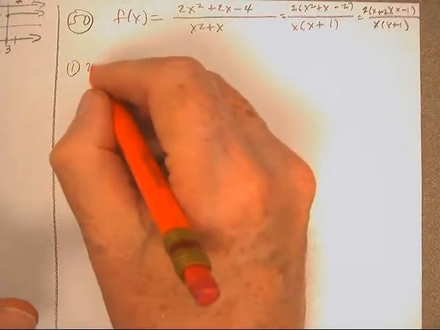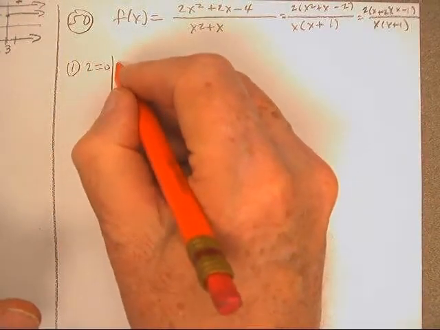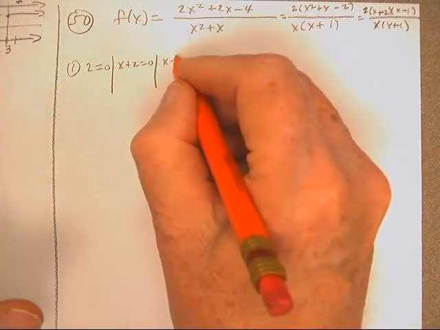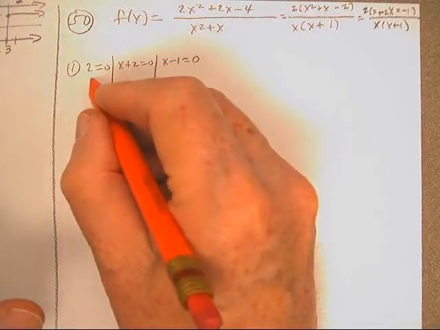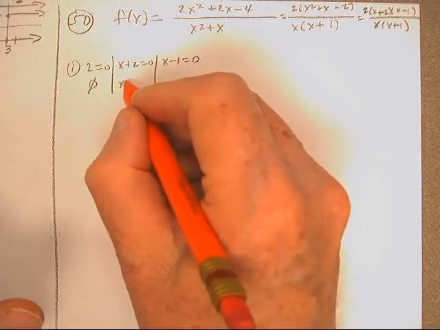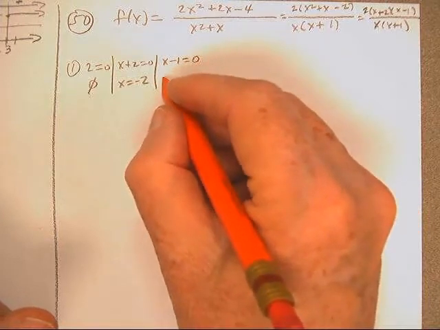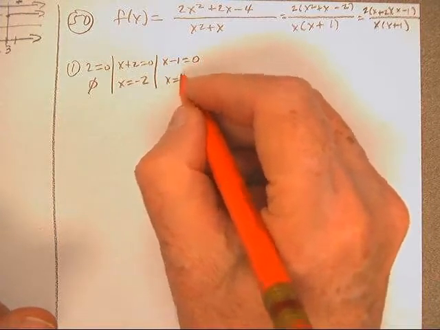So for the first step, let's take each part of the numerator and set it equal to 0. There's not one here. X is negative 2. What happens to that 2? It gets multiplied by 0. X is 1.